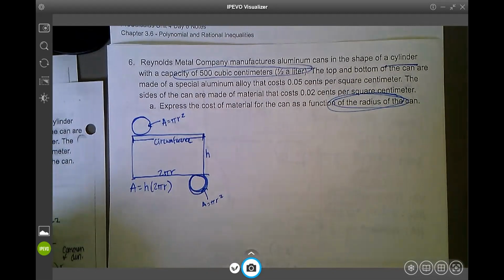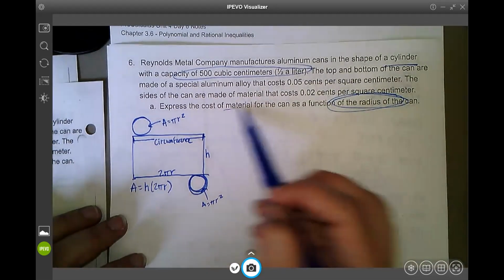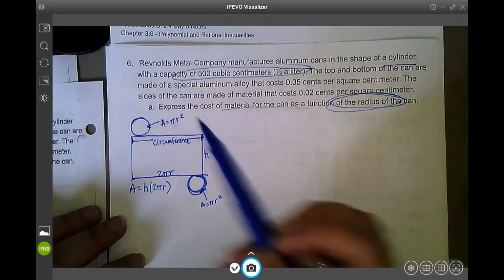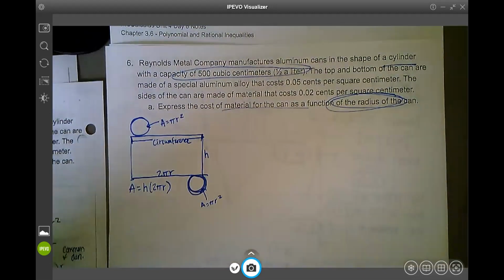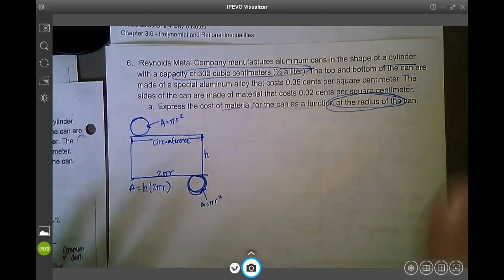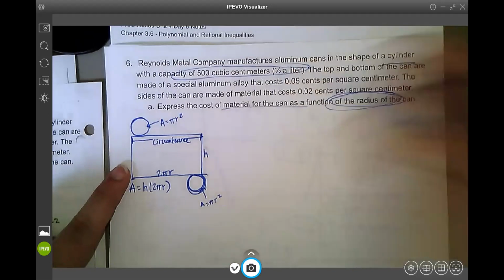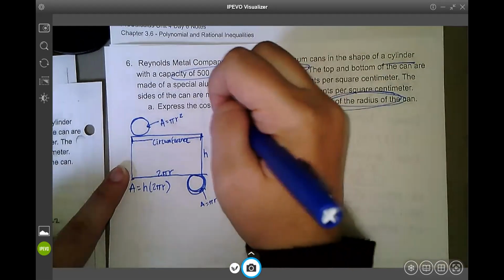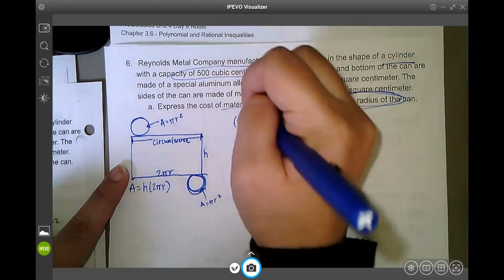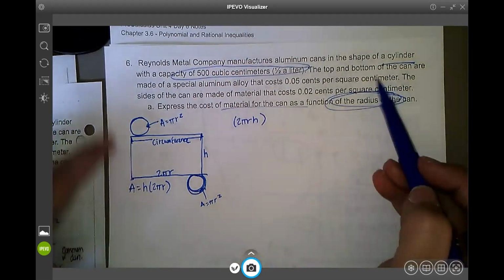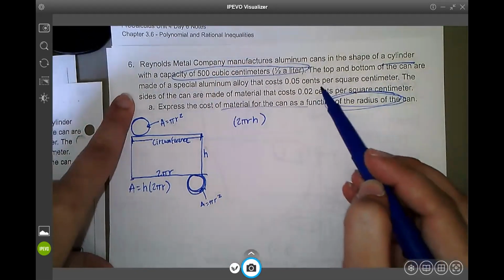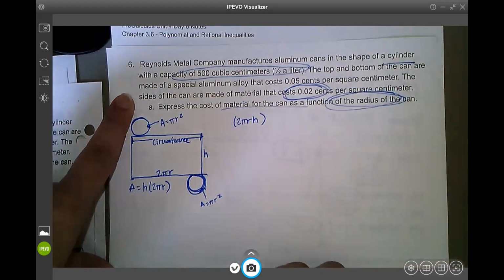So I want the cost of the material for the can. So that's going to be the surface area. So I'm finding the area of each of these things and adding it all together, each of my faces. So my area of my outside piece is my 2 pi r h, and I'm multiplying that with the sides of the can, 0.02 cents per square centimeter.